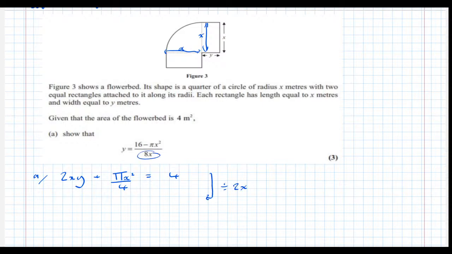I can see I need an 8x on the denominator, so if I divide by 2x, I'm going to get an 8x on the denominator. So that means that y plus, if I divide by 2x, I get pi x on the top, one of the x's cancels.